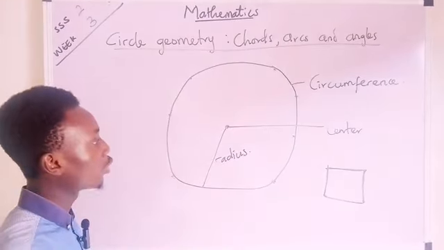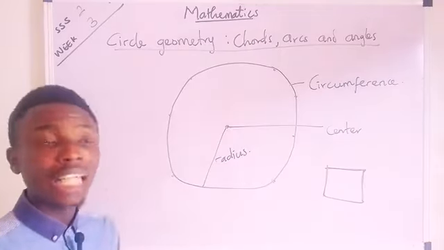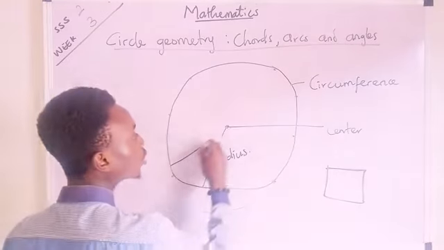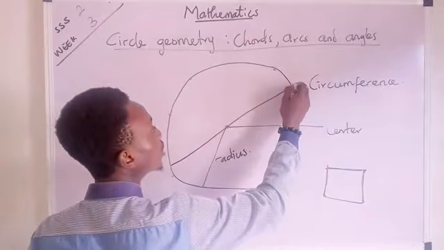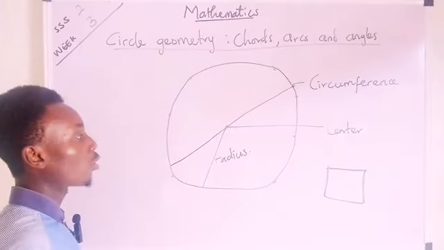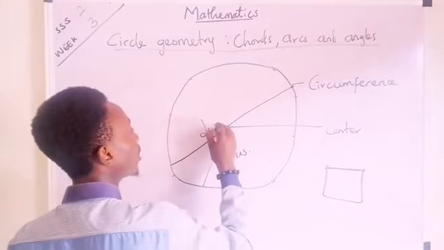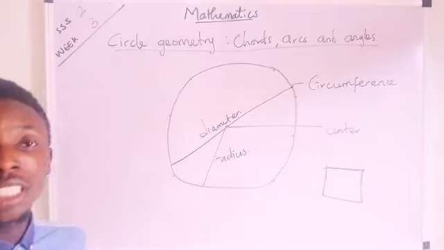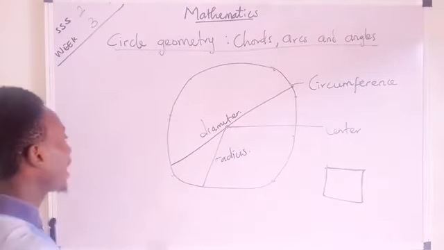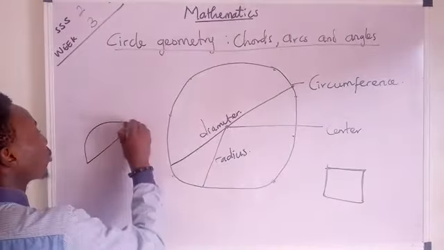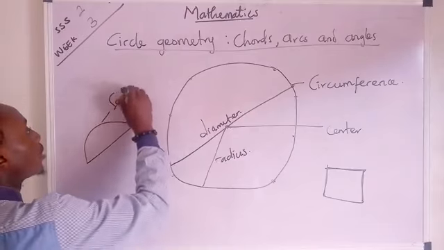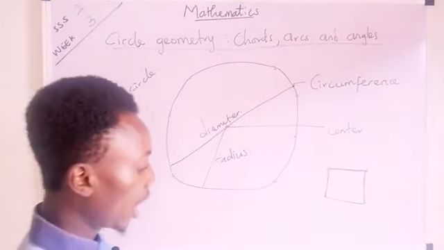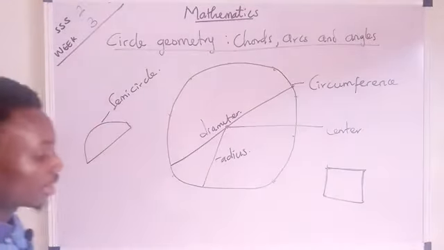And any straight line that starts from one end of the circumference, cuts through the center and touches the other end of the circumference is known as what? Diameter. Now your diameter actually divides your circle into two equal parts, and a half circle is known as what? Semicircle. A half circle is known as your semicircle.